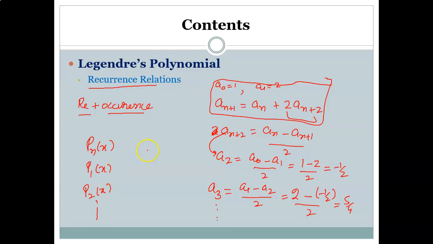Exactly as we are talking about numbers, we can also talk about the similar situation regarding the Legendre polynomial or Legendre function. So we can also derive or form certain recurrence relations.